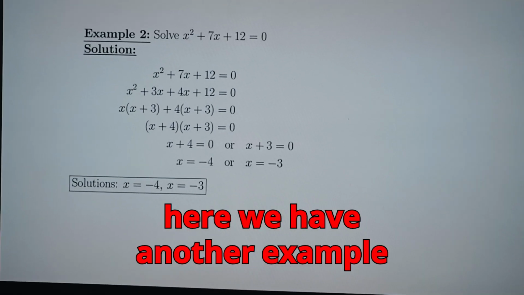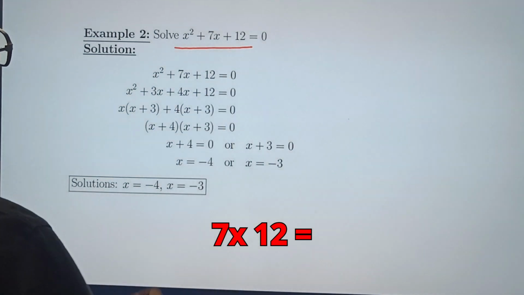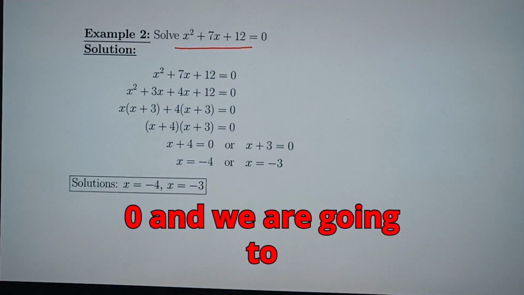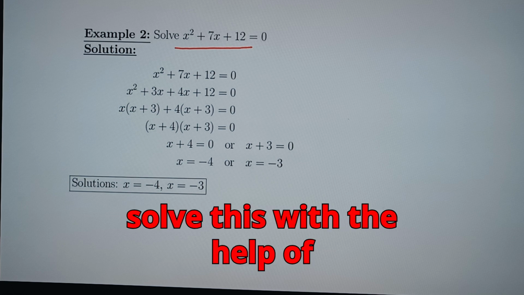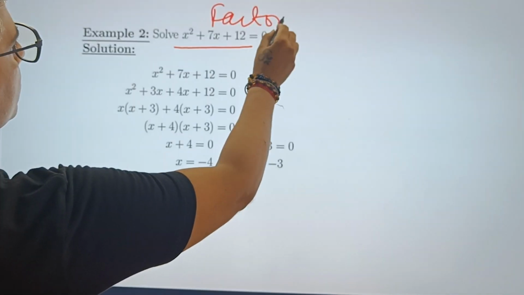So students, here we have another example, which is x square plus 7x plus 12 equals 0, and we are going to solve this with the help of our factorization method.